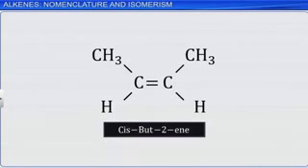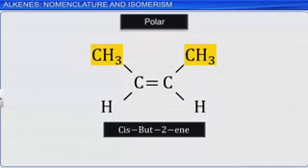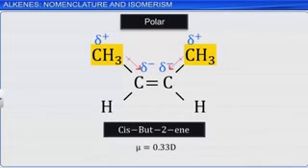This is because in a cis but-2-ene molecule, as the two CH3 groups are on the same side of the double bond, there is a greater CH3 bond dipole on each side, causing distinct positive and negative regions in the molecule, hence the molecule is polar.